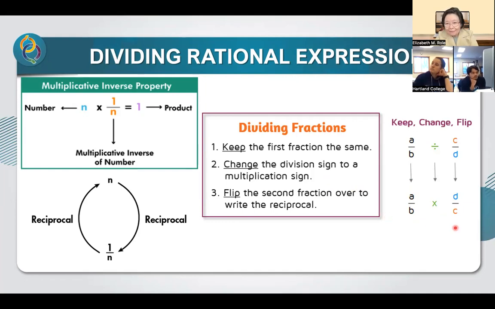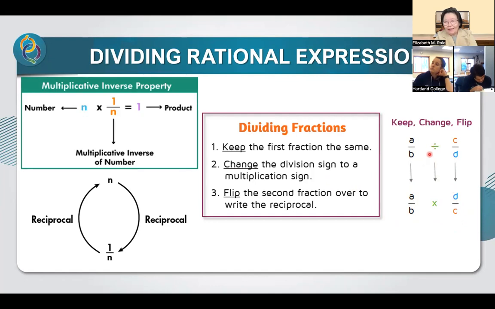to write the reciprocal. So in other words, if we're dividing, we are actually following the rules of multiplication, except that the first thing you have to do is flip the second fraction. Flipping means finding the reciprocal of the second fraction.